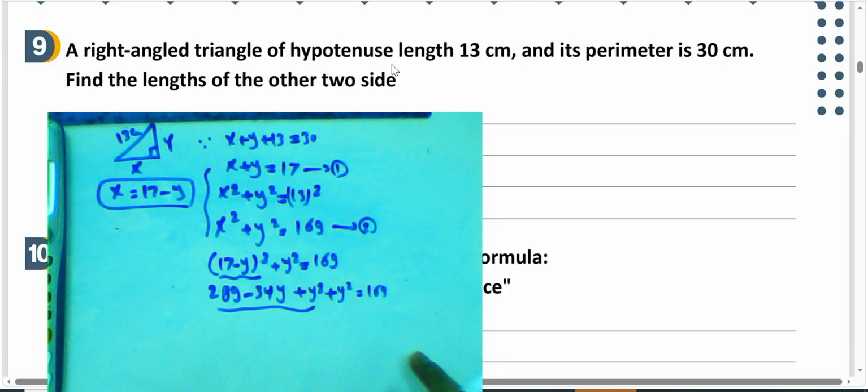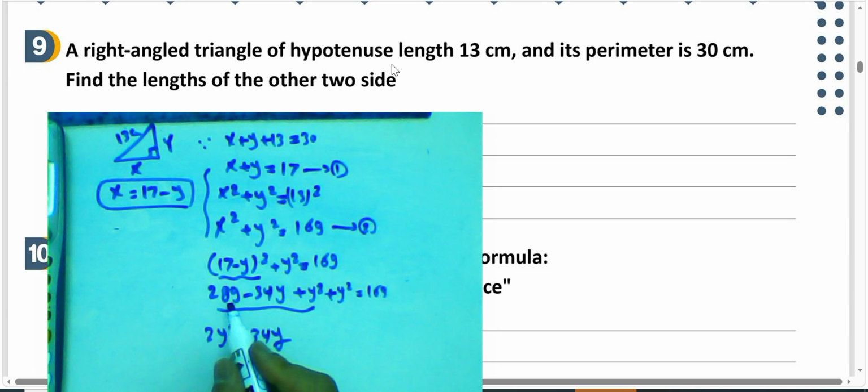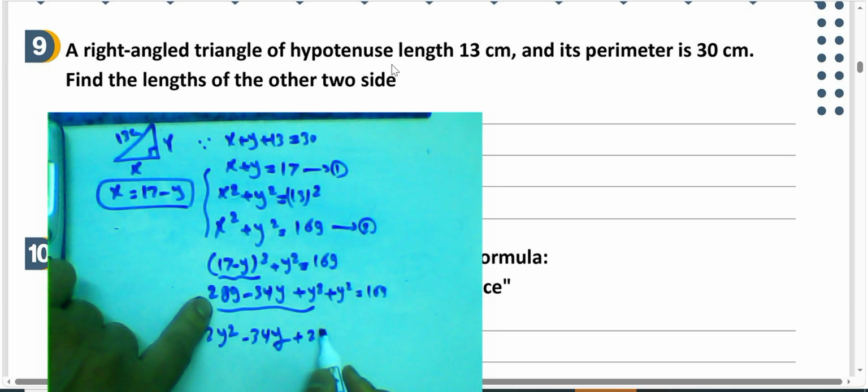Understood? Then y power 2 plus y power 2 equals 2y power 2, subtracted by 34y, and we have 289 subtracted by 169 equals 0.